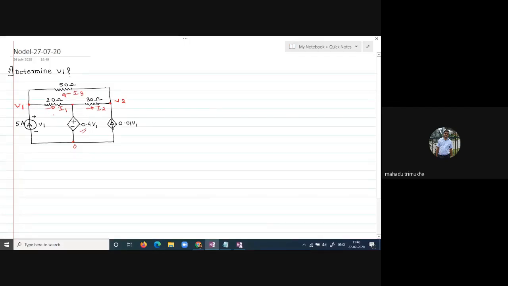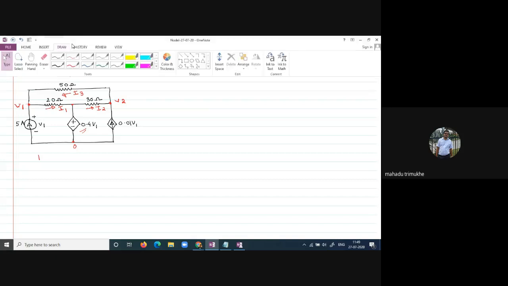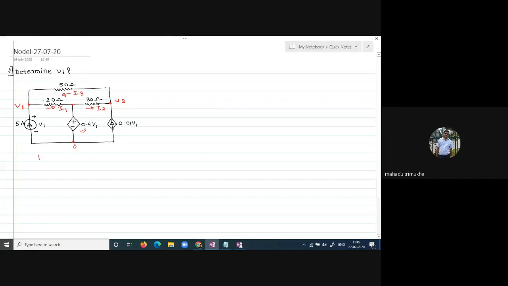So we apply KCL at node 1. What is KCL at node 1?